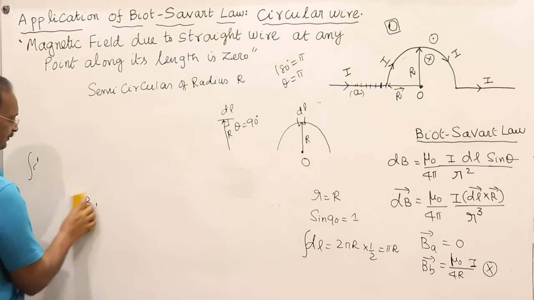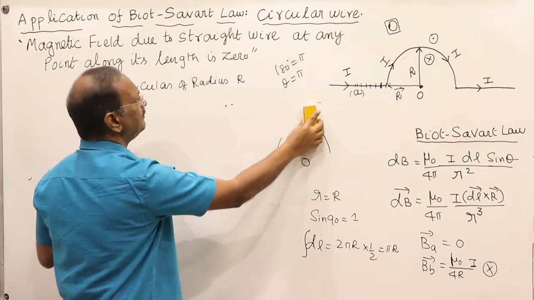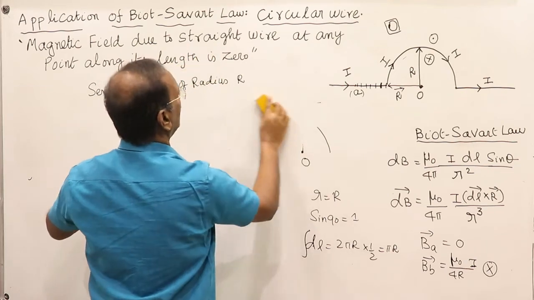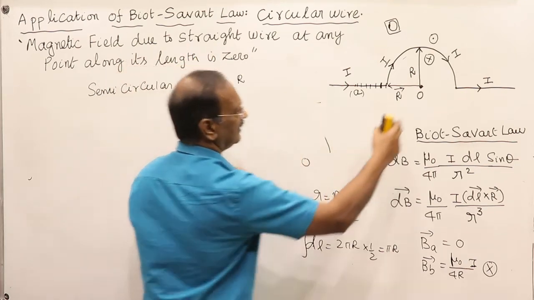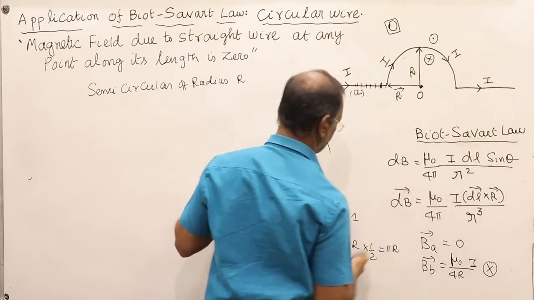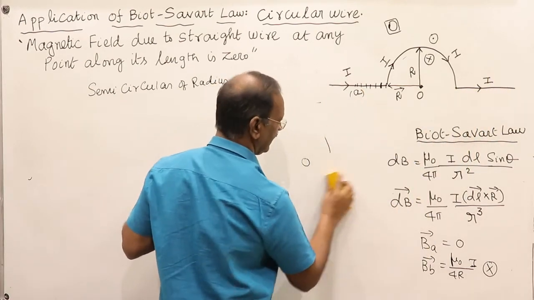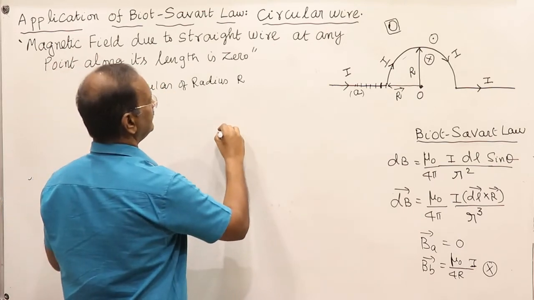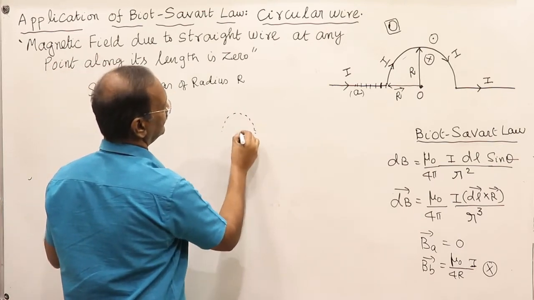Third portion, obviously it will come 0. Why? Because at any point along its length, the magnetic field due to a straight wire is 0. Already we have proved this result, but again we will see how. This is the semicircular portion that we are not interested in.